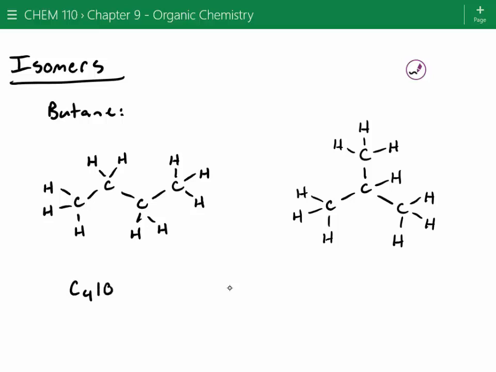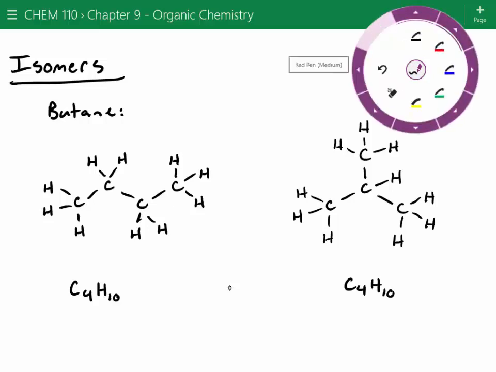So C4H10. Whoops. What about the one on the right? We still have C4. And we've got 10 hydrogens, right? Oh, I keep on writing 10 instead of H.